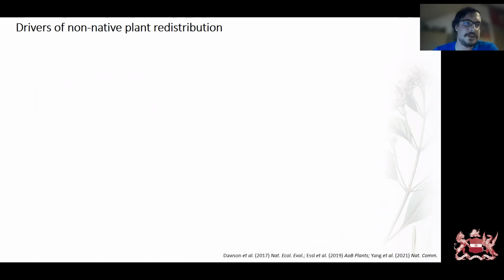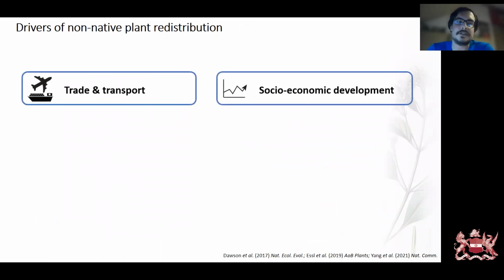Another point I want to make here in this initial part on the current distribution of non-native plants is looking at the drivers of non-native plant redistributions. Those that have been identified as most important are related to trade and transport, so the movement of goods and commodities.